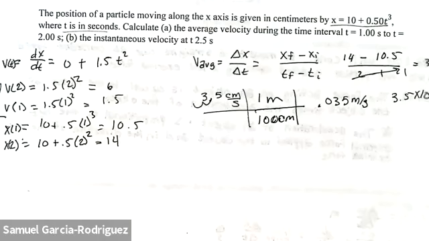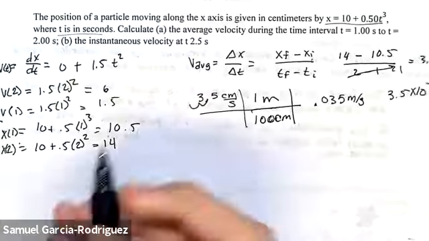Can Alex tell me how to do that? Don't you plug in 2.5 to the derivative of x? So it's plug in 2.5 to 1.5 t squared. Yes, sir.